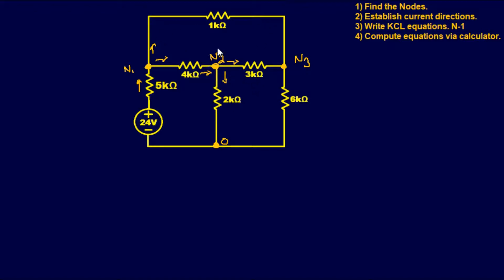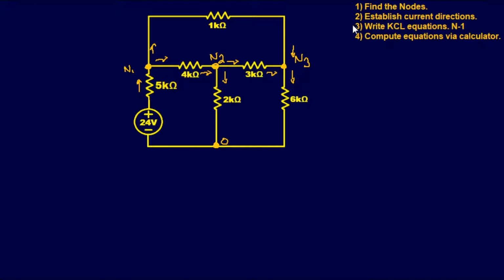And then same thing here, since current is flowing through this 1 k ohm resistor up and around, let's keep that same flow. Same thing with this 3 k ohm resistor. It's going to the right, so we'll continue going that direction. And then it's going to go out to ground.